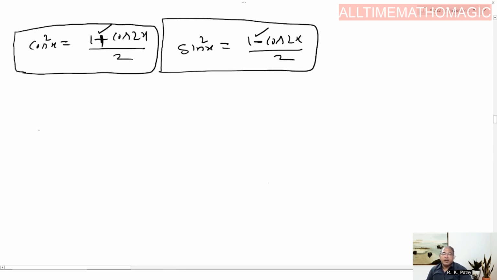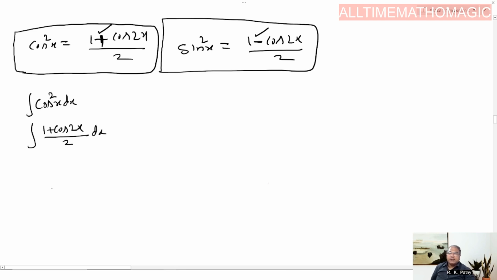Now we'll start with the integration of cos square x. How do we find the integration of cos square x with respect to x? Whenever cos square is there, cos square x equals (1 plus cos 2x) upon 2. So in place of cos square x, we can write (1 plus cos 2x) upon 2 with respect to x.